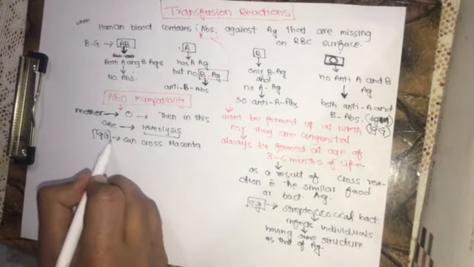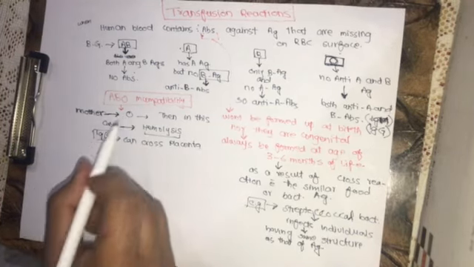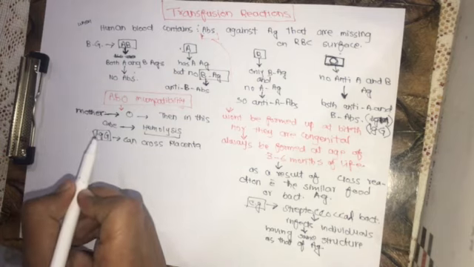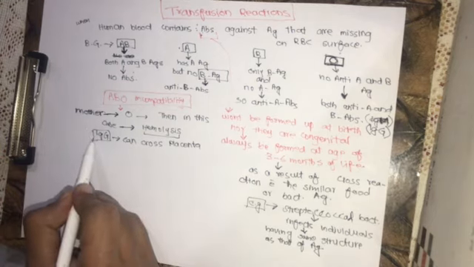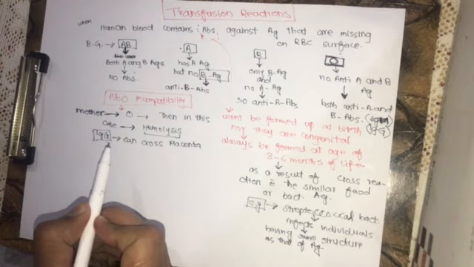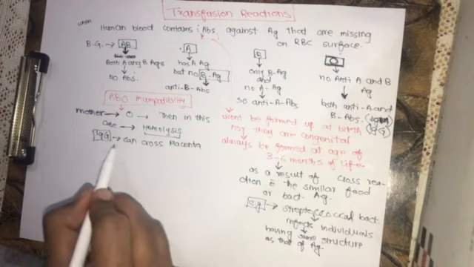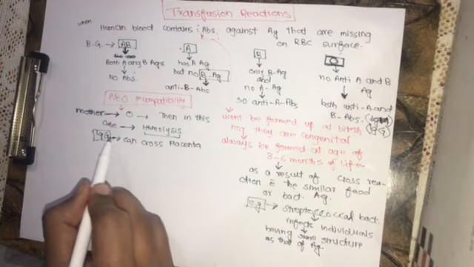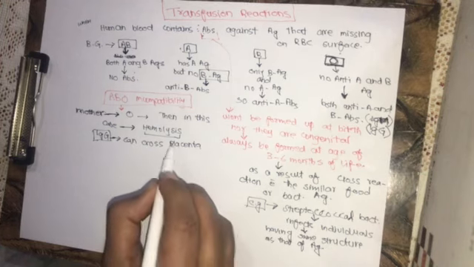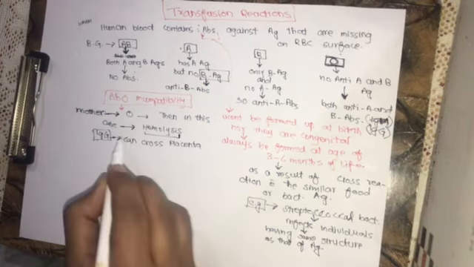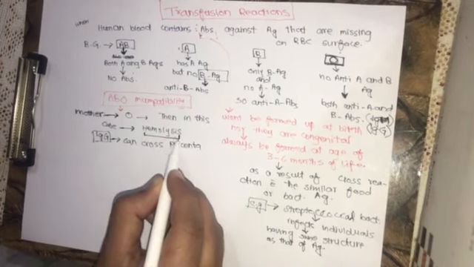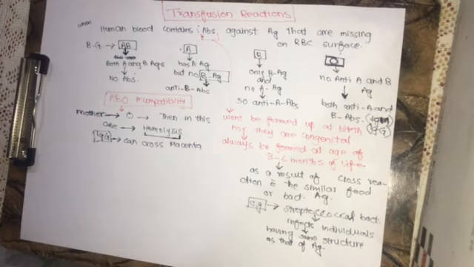So when the mother has blood group O, that can produce hemolysis, because the mother will have IgG antibodies which can cross the placenta and produce hemolysis in the child's RBC. So this is one concept.